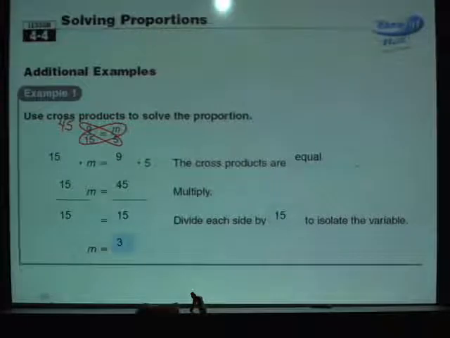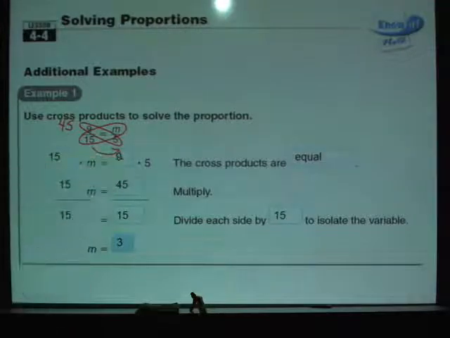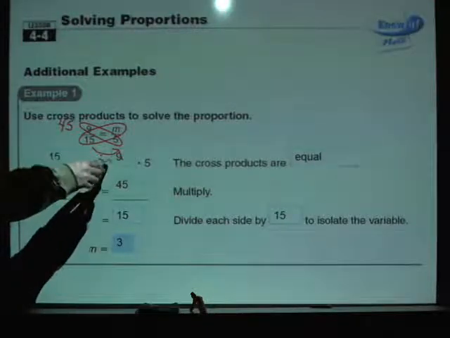Now, there is another technique you can employ here that might sometimes be easier. However, the technique does not always work. If we look at the denominators I began with originally, I had 15 and 5. Well, to travel from 15 to 5, that's pretty simple. To go from 15 to 5, I'd be dividing by 3.